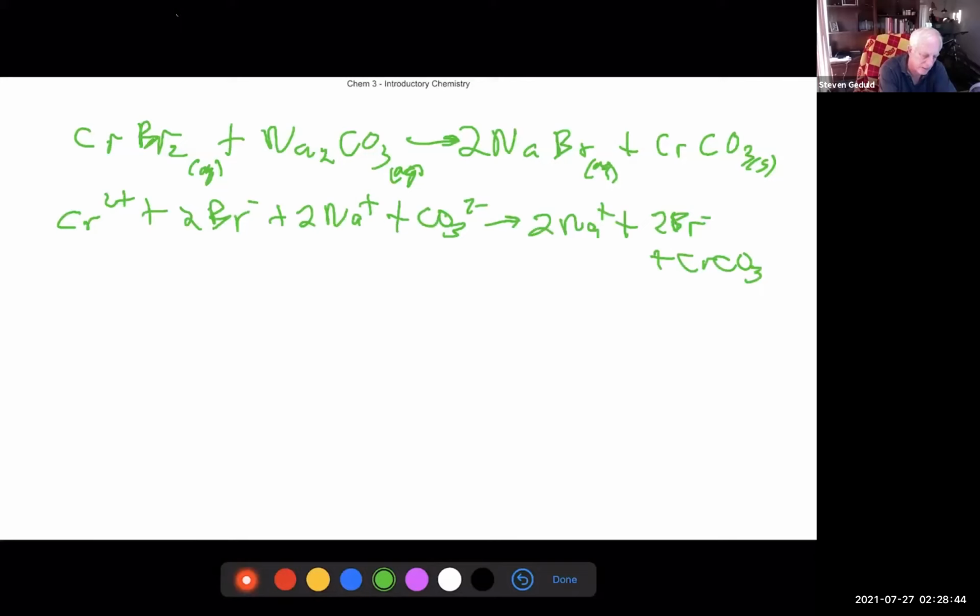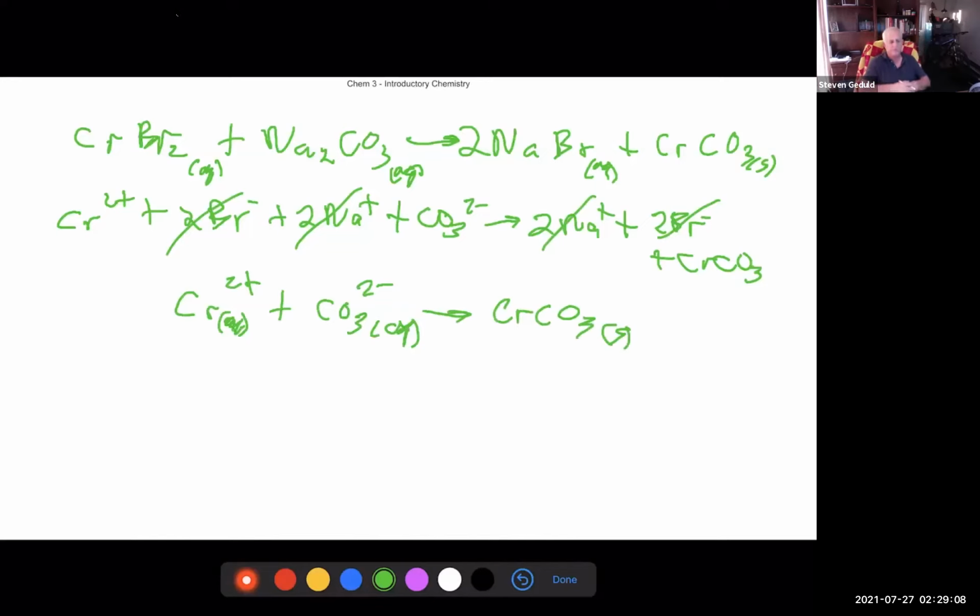That's our precipitate. So our spectator ions are sodium and bromine. Our net ionic equation is chromium 2 plus aqueous, plus CO3 2 minus carbonate ion, which is aqueous also, goes to CrCO3 chromium carbonate, which is a solid.